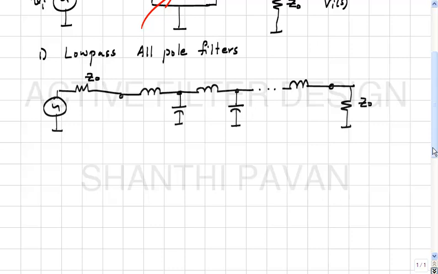So, in other words, at any particular frequency, this two-port parameter matrix is characterized by three independent numbers. Right? So, Z11, Z12, and Z22 are enough to specify the matrix.